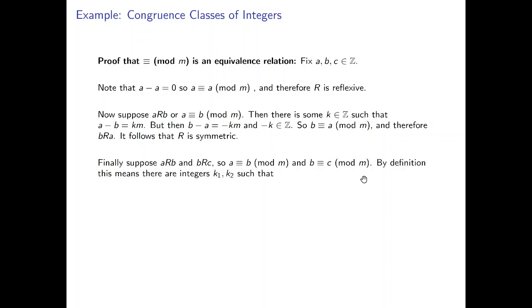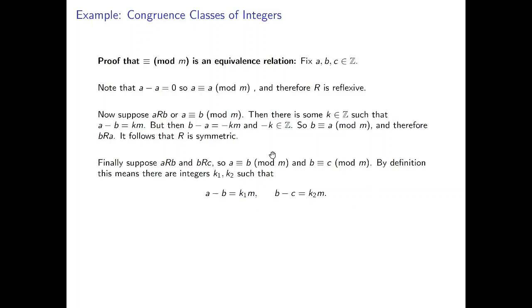What we're going to do is just refer to the definition, because there's not much else we can do. What does it mean for A to be congruent to B mod m? It means that A minus B is equal to some integer k1 times m. And what does it mean for B to be congruent to C mod m? It means that B minus C is equal to some integer k2 times m.